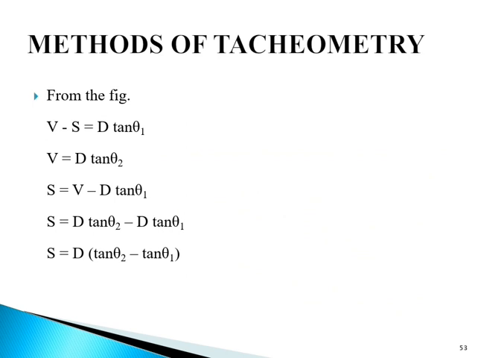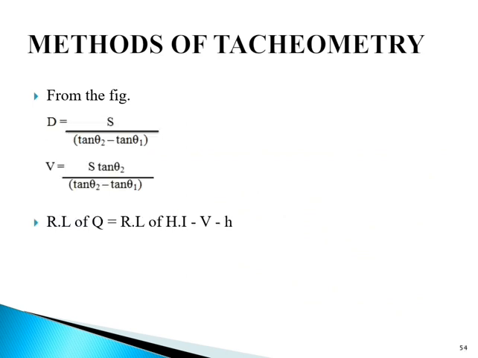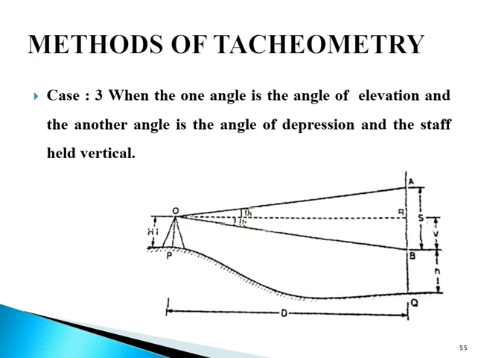Further simplifying, S is equal to capital D into bracket tan theta 2 minus tan theta 1. So D is equal to S upon tan theta 2 minus tan theta 1, and V is given by S tan theta 2 divided by tan theta 2 minus tan theta 1, and RL of Q will be given by RL of HI minus V minus H. Same procedure is here, only the angle changes, so the value changes.